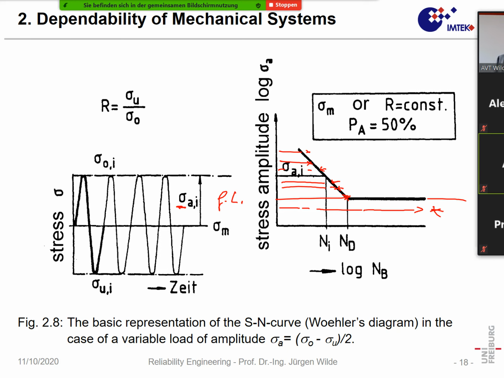You must note that this is a logarithmic scale, and typically this Wöhler curve you see here is for a failure probability of 50%. So you could say it's the average number of cycles for that stress level or that stress amplitude level.